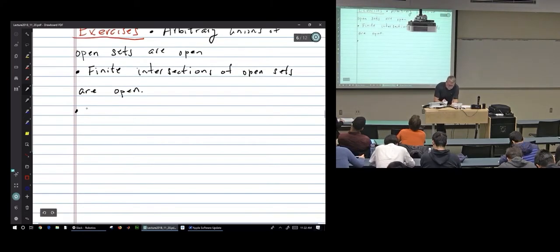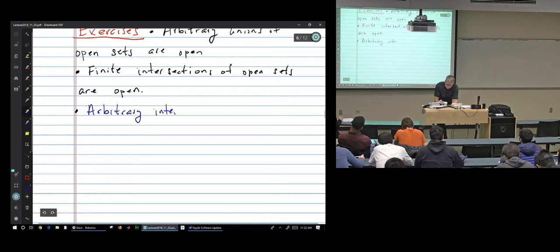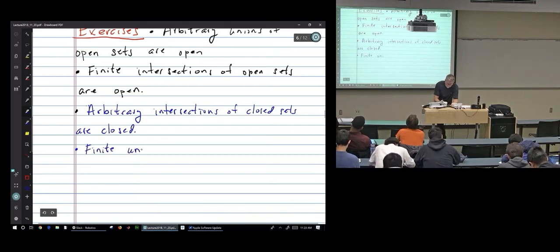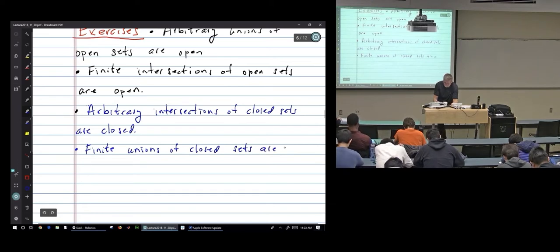And then arbitrary intersections of closed sets are closed, and finite unions of closed sets are closed.